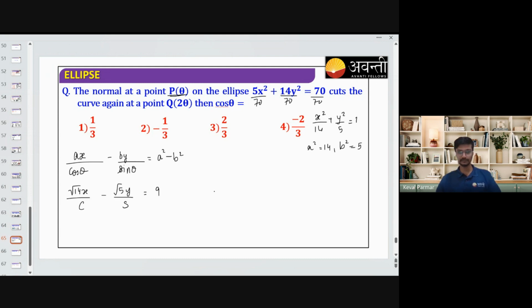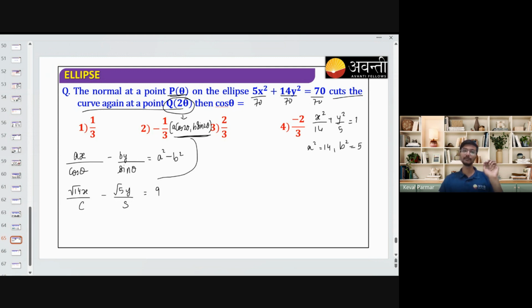Now it is given that this normal again cuts the curve at point Q, 2 theta. So what are the coordinates of this? Coordinates of this will be a cos 2 theta, b sin 2 theta because the angle is 2 theta. Now please remember the normal again cuts this curve at this point. That means the normal passes through this point.